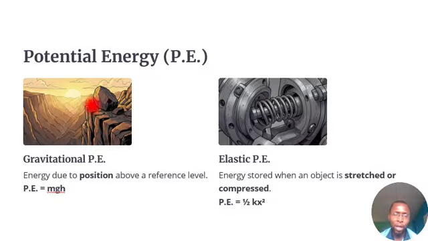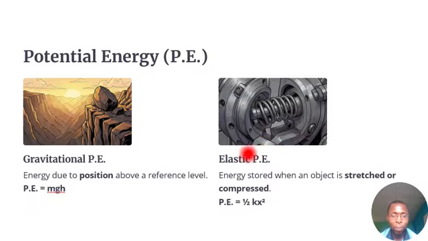Sometimes it can be an elastic potential energy. That is energy stored when an object is stretched or compressed. So when you compress or stretch an object, such energy is known as elastic potential energy, not kinetic energy.